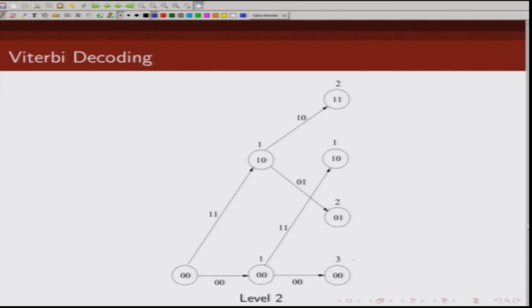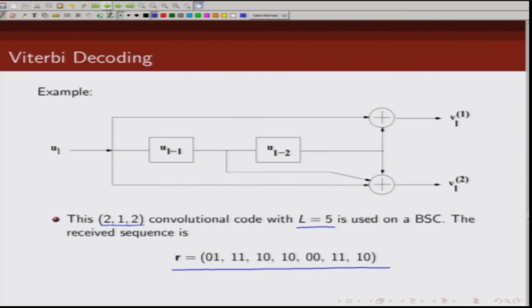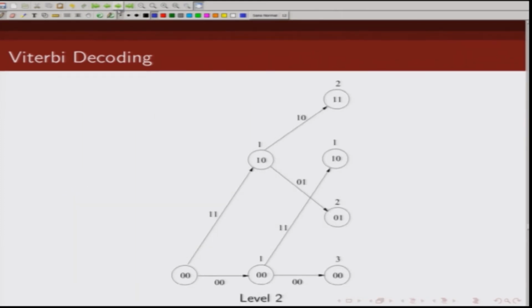Okay. Now, how do we compute these path metrics? So, let us go back and see what our first 2 receive sequence were. It was 0 1 and 1 1. So, we had received here 0 1 and 1 1.